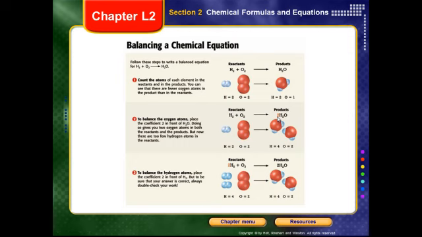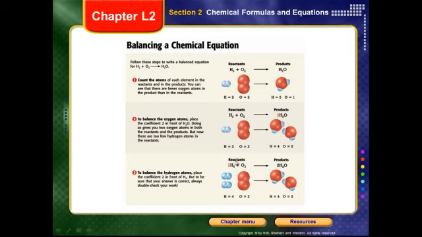We don't put the 2 inside the formula. We can add a 2 only beside the molecule. So if you count again, 2 hydrogen gives us 4. Why 4? Because when we add 2 and 2, it gives us 4. So it's not balanced again.